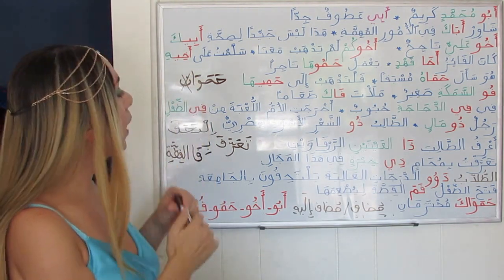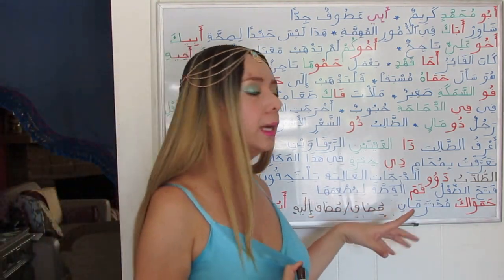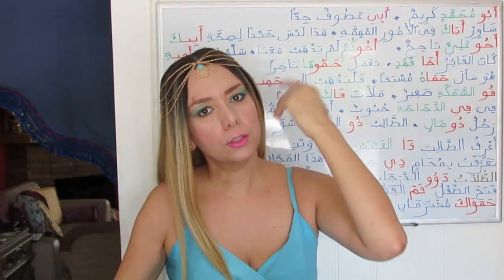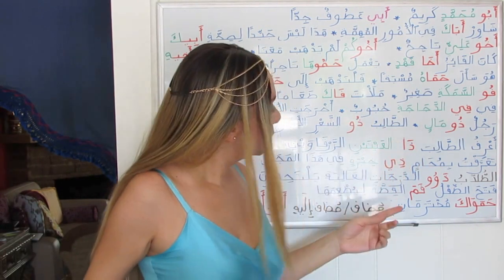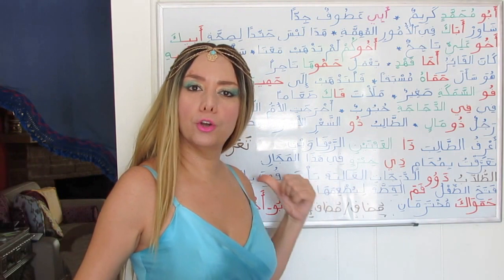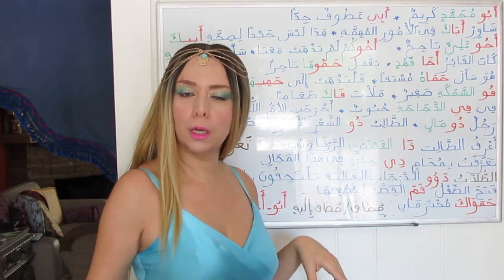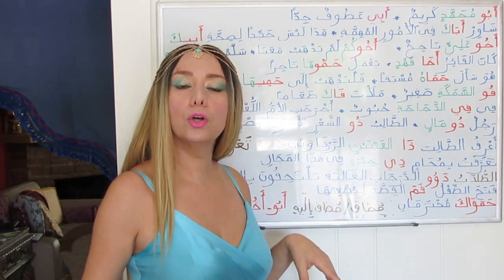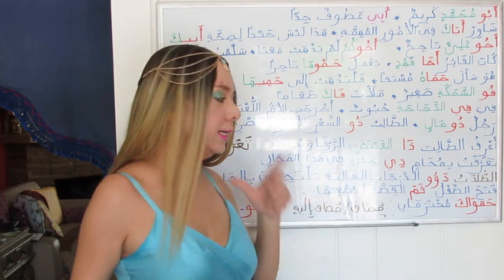Alright? حموك. حمواك محترمان. Your fathers-in-law are respectable. So is this one of the 5 nouns? No, because it is in the dual form. Alright?